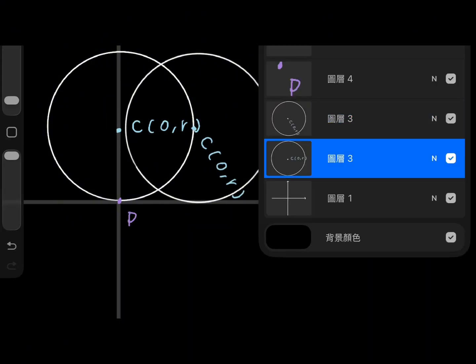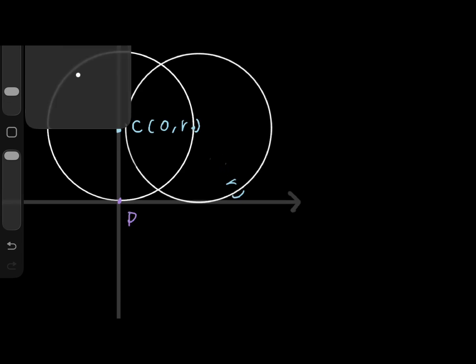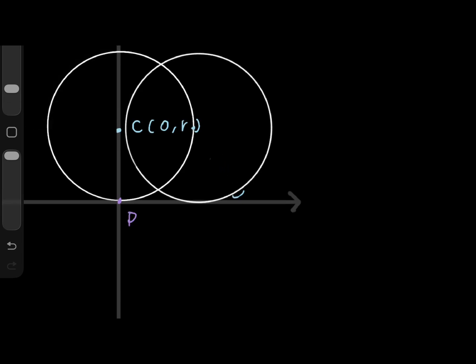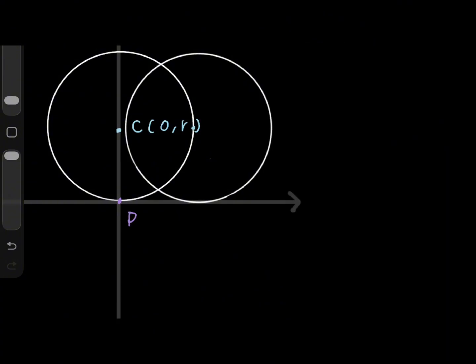So let me see, here will be your new C. I forgot to make it a different layer, so now I need to erase more carefully. Okay, so now this will be your new center as your circle rotates forward.